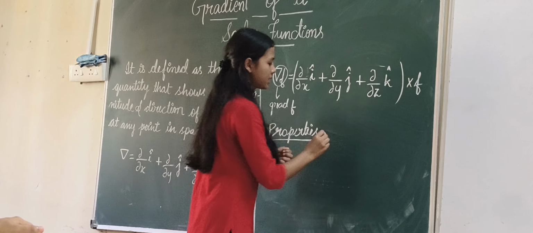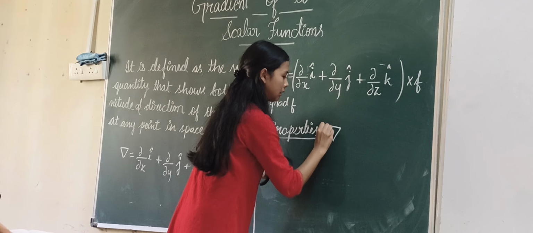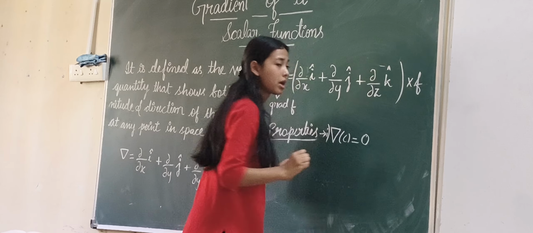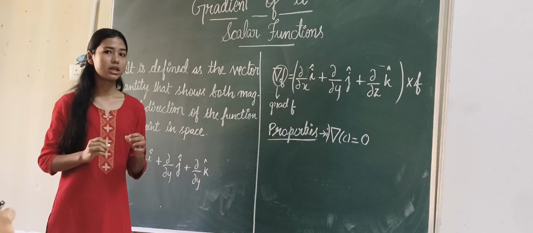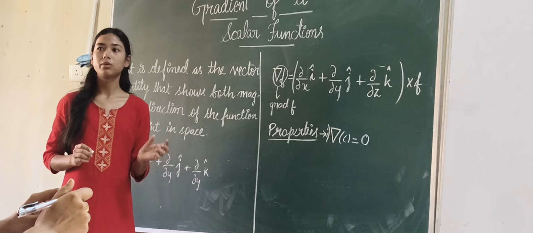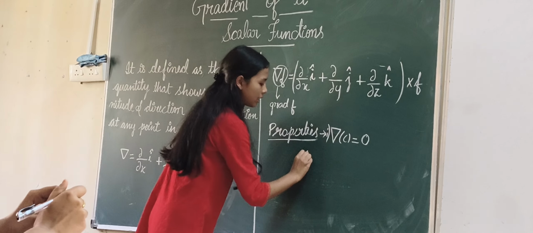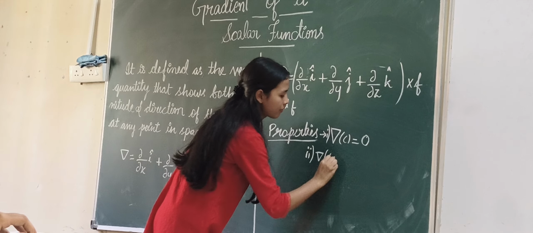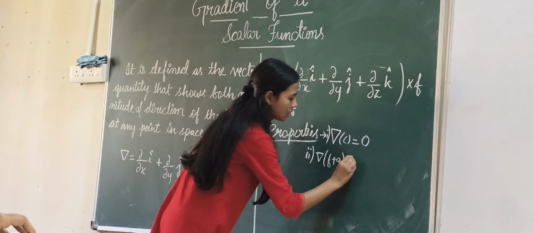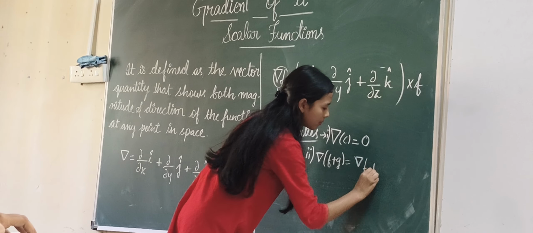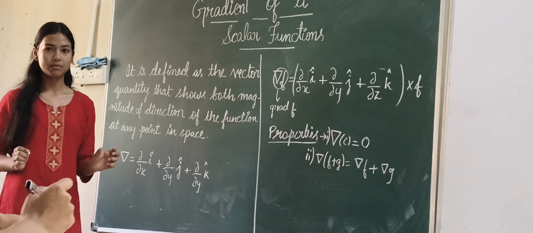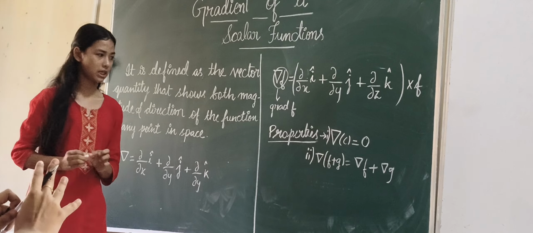The first property is del of C equals 0, which means if the value does not change, the gradient will be 0. Second is del of F plus G equals del F plus del G. That means gradient of the sum is equal to the sum of the gradients.